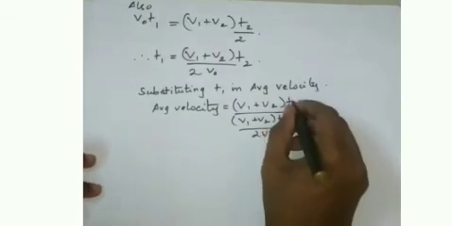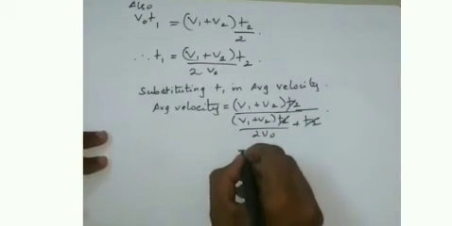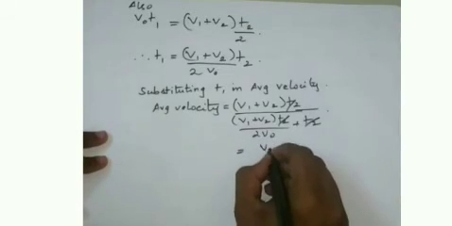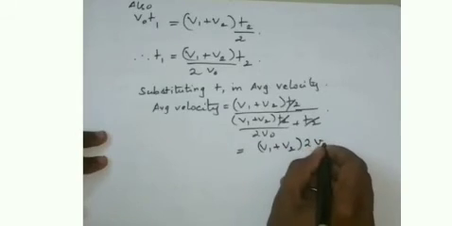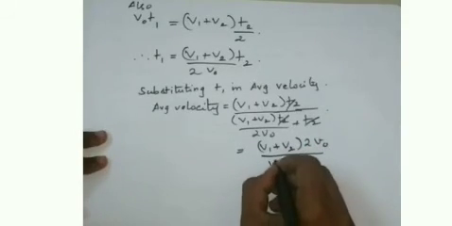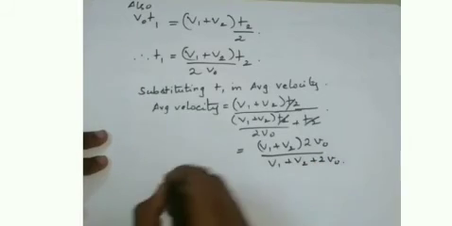So obviously cancelling t2, we can write average velocity is equal to (v1 plus v2) into 2 v0 divided by (v1 plus v2) plus 2 v0.